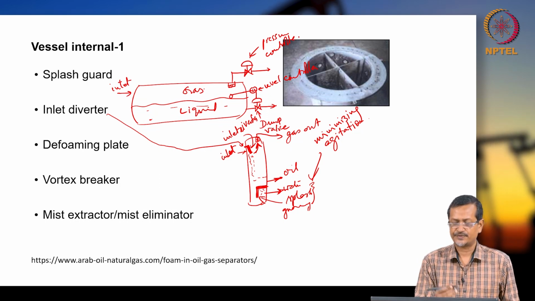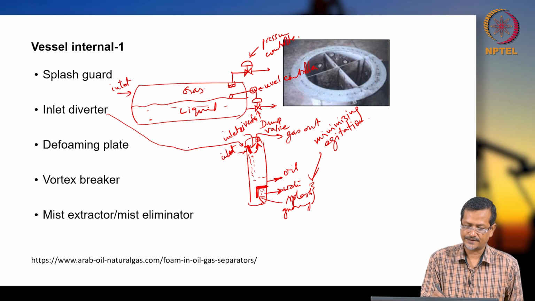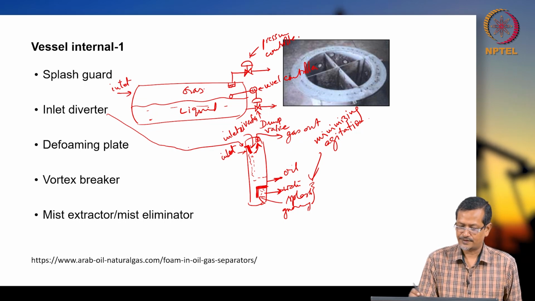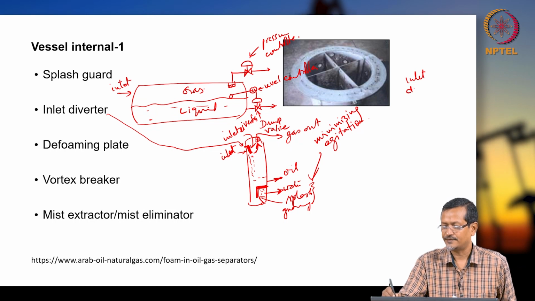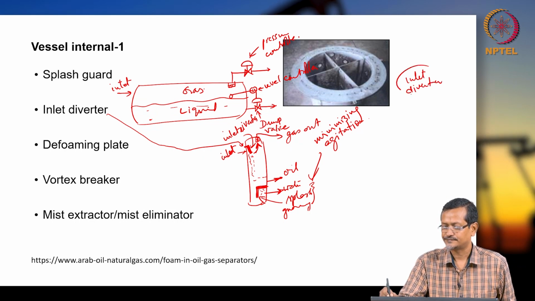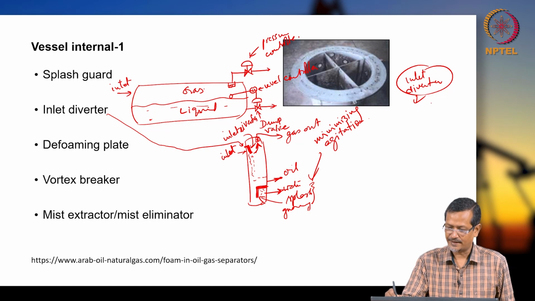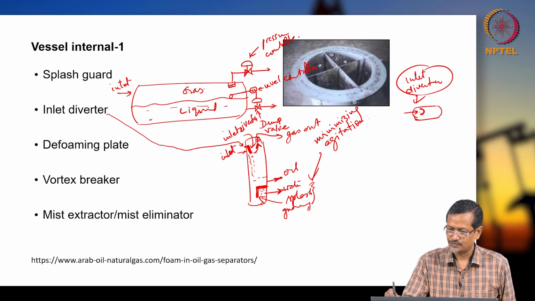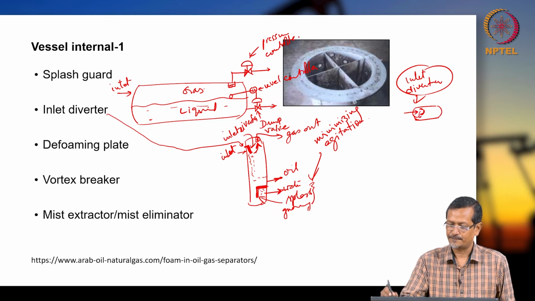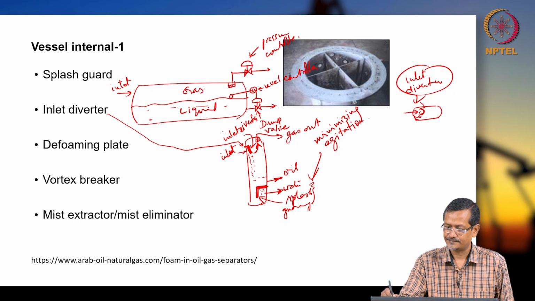So there will be different shapes of inlet diverters. For example, one shape will be like this. One shape can be like this: you have the separator, it will be curved, so fluid will be splashing and going down. This is an inlet diverter.